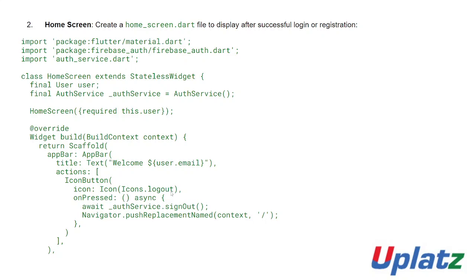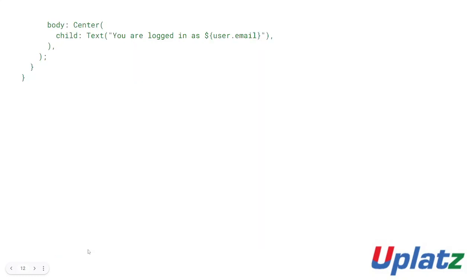When you press, you will log out. onPressed, then unnamed function async await _authService.signOut. Then Navigator.pushReplacementNamed context slash, that is the root folder. Then it is closed. Then second bracket close, third bracket close, and this bracket is closed.